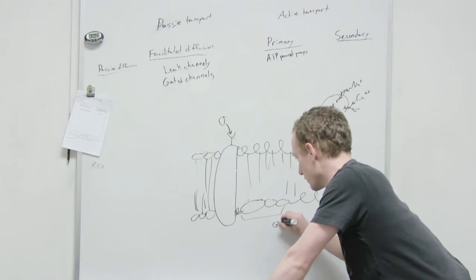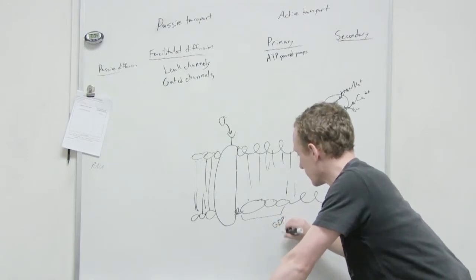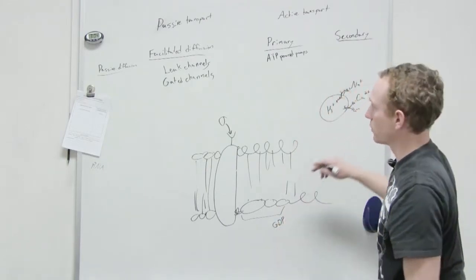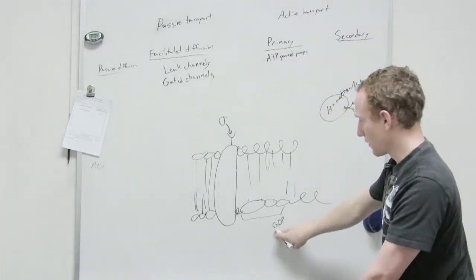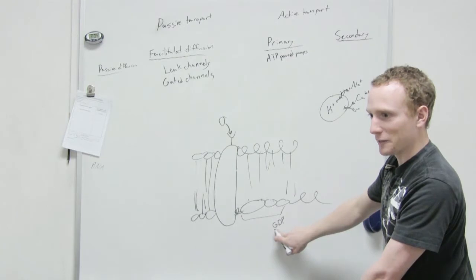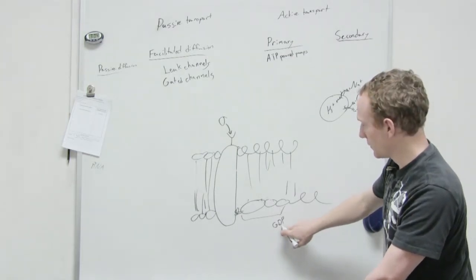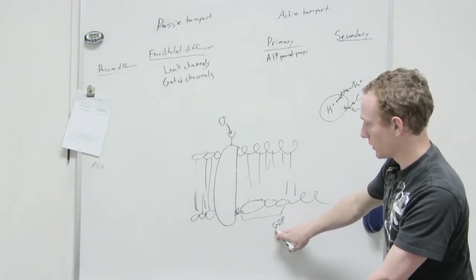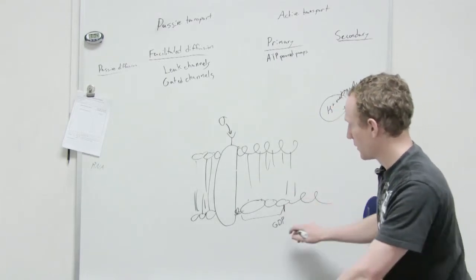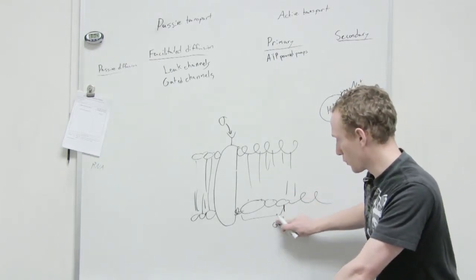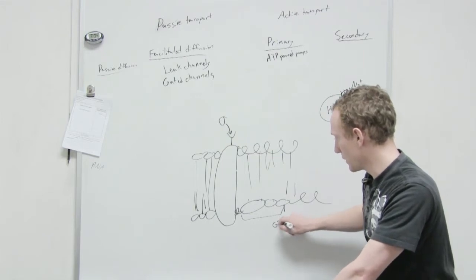So it's GDP. Remember how there's A, T, C, G? That's the G from that. So guanosine diphosphate instead of adenosine diphosphate. That's attached to this protein. It gets charged, so it goes from GDP to GTP.